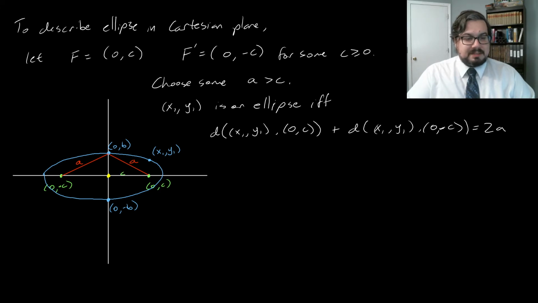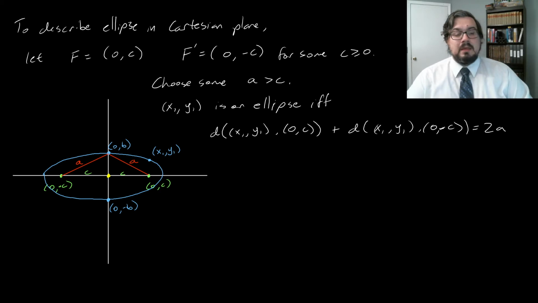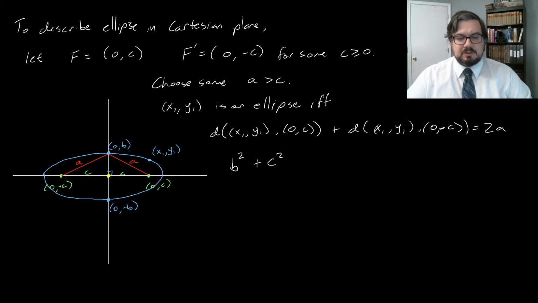Furthermore, the distance from the origin to either of the two foci is c, and that means we can get a relationship between the numbers a, b, and c based on the fact that we are forming a right triangle here at the origin. And so when we set things up this way, we have that b squared plus c squared is equal to a squared. And we can rearrange this however we want.